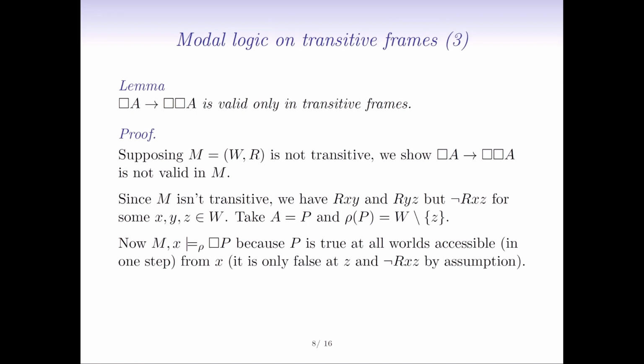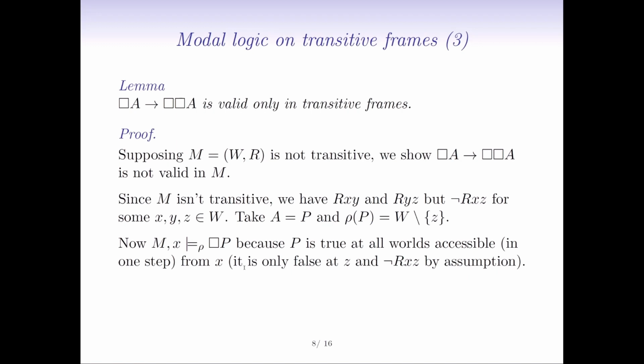This is actually quite similar to the thing we did, I think, for reflexivity. Box P is true at X because P is true everywhere except Z, and we know that Z is not accessible in 1 step from X. We already know that since we deduced that from the fact that M is not transitive.